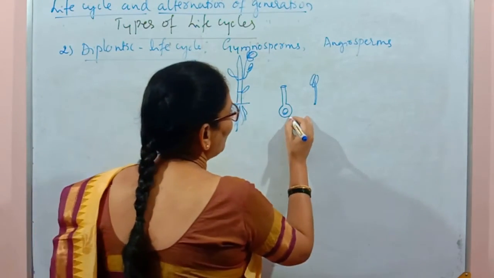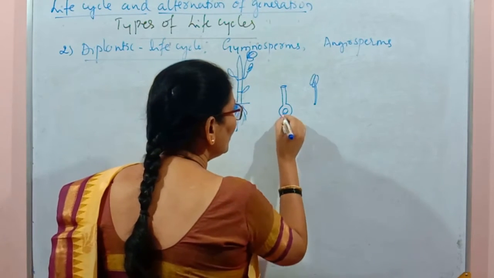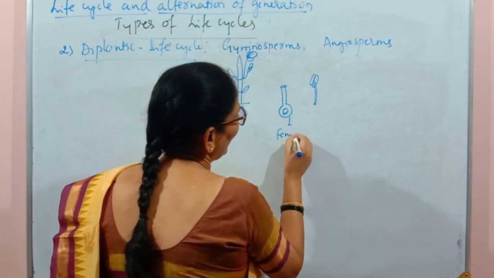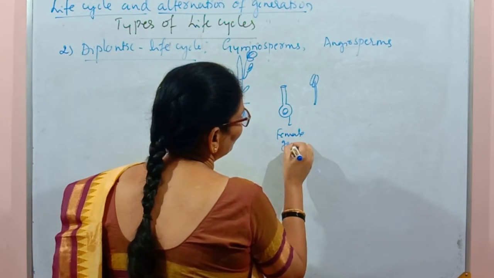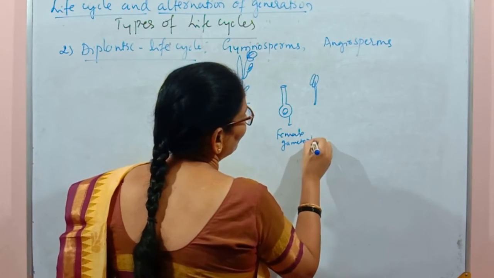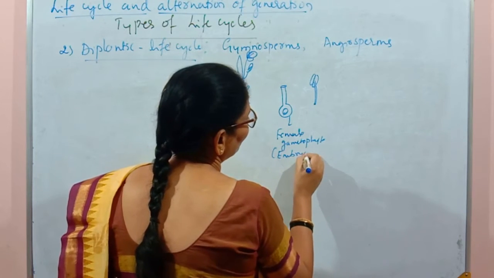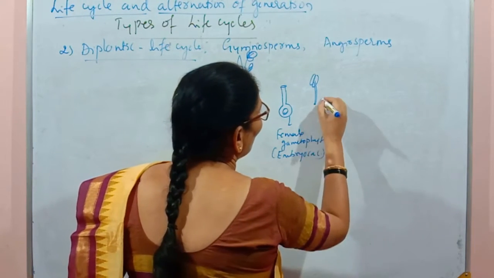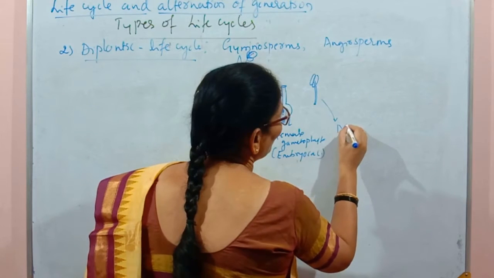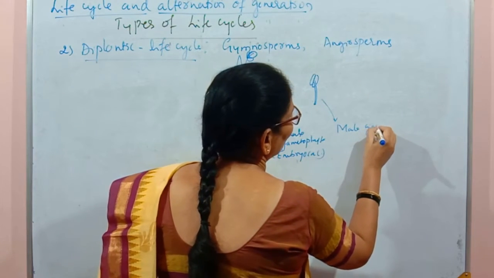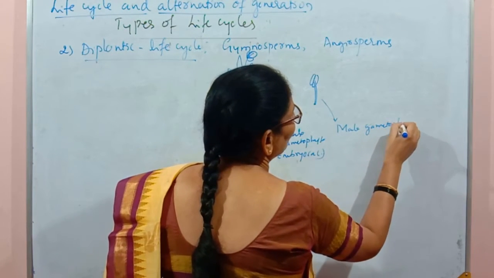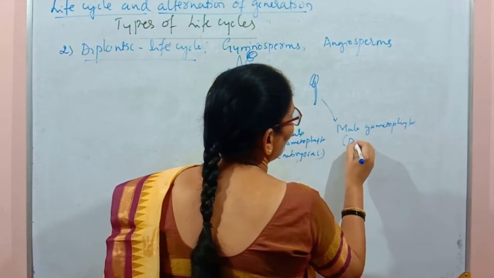These sex organs produce gametophytes. Gynoecium produces the female gametophyte, that is the embryo sac, and androecium produces the male gametophyte, that is the pollen grain.